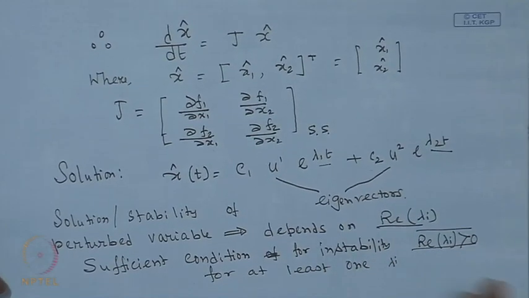That means if a system has 4 or 5 eigenvalues and the real part of one eigenvalue is greater than 0, the system becomes unstable, and that is the sufficient condition for instability.